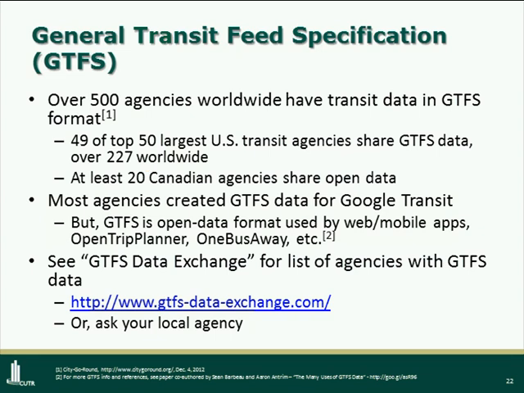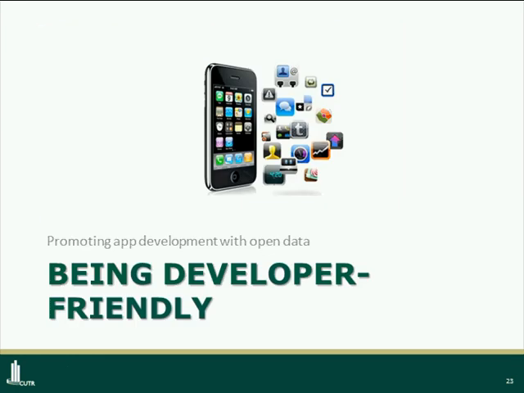And again, while many agencies created GTFS for access to the free Google Transit Trip Planner, GTFS has been used by a wide variety of different applications, including OneBusAway, which uses GTFS, OpenTripPlanner, and a number of other web and mobile applications. If you're interested in seeing what agencies are openly sharing their data, today the closest thing we have to a centralized list is the GTFS Data Exchange, and we have the web URL here. Or you can always just ask your local agency too if they're sharing their data in GTFS format.